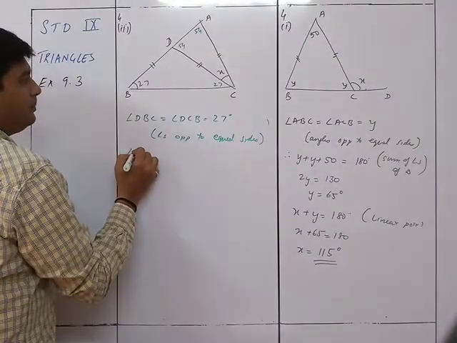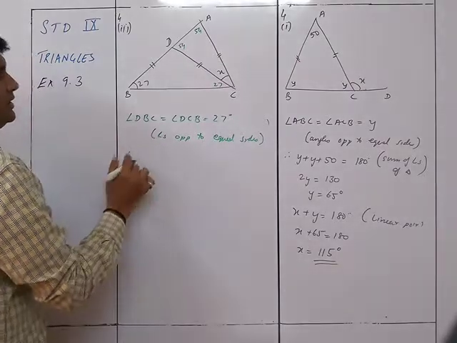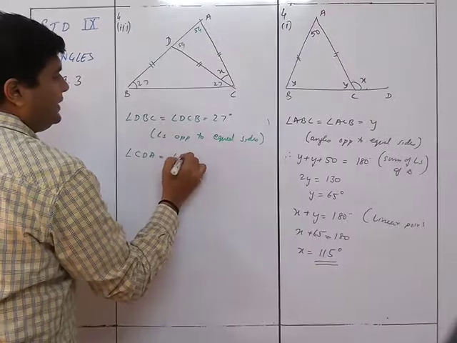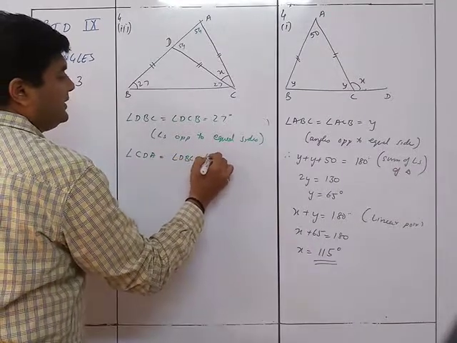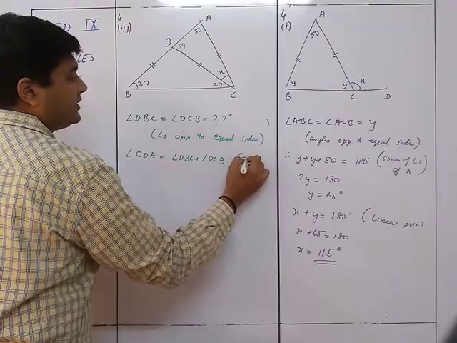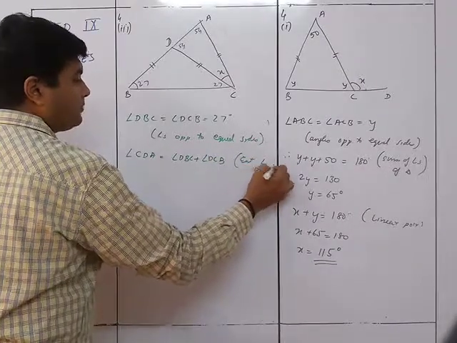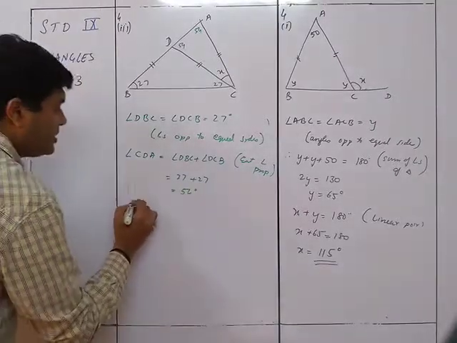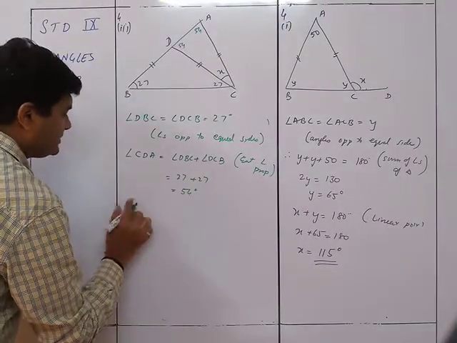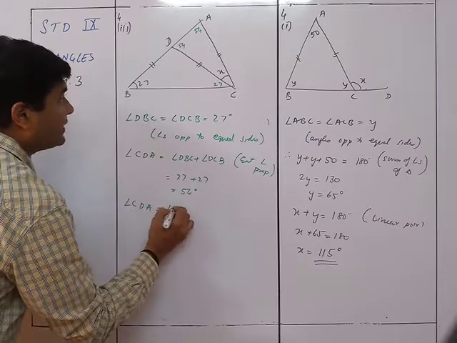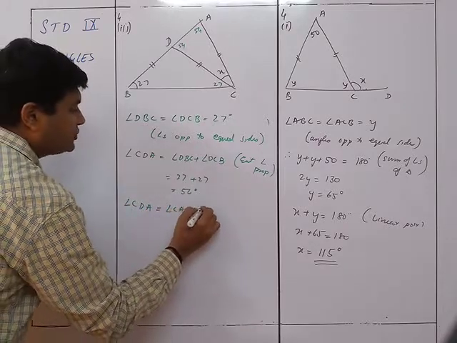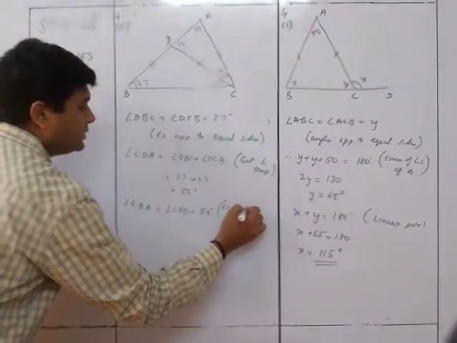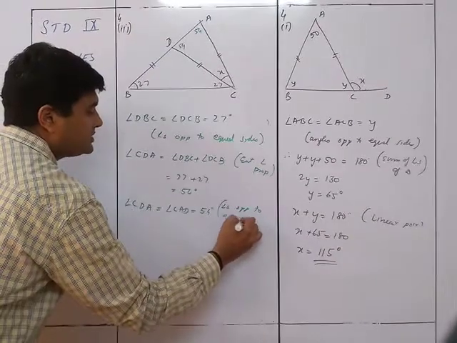Therefore angle CDA is equal to angle DBC plus angle DCB, exterior angle property, is equal to 27 plus 27, which is equal to 54. Angle CDA is equal to angle CAD is equal to 54 degrees, angles opposite to equal sides.